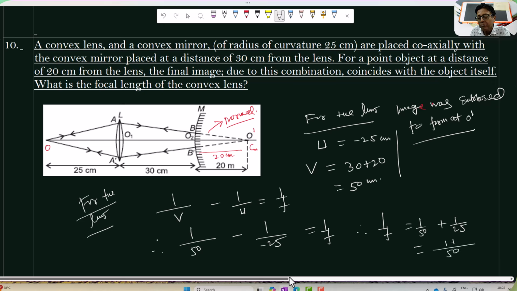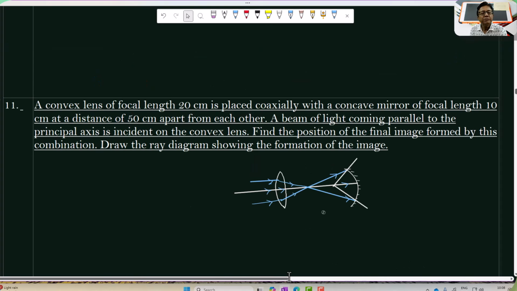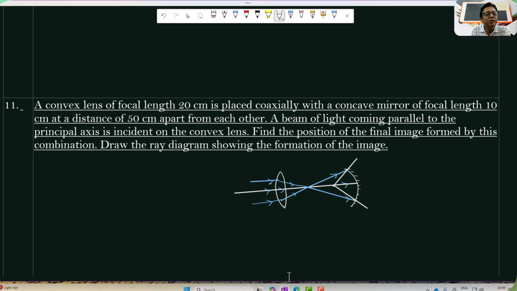That is 1 plus 2 over 50, so this will be 3 by 50. So F is 50 by 3, which is approximately 6.67 centimeter.